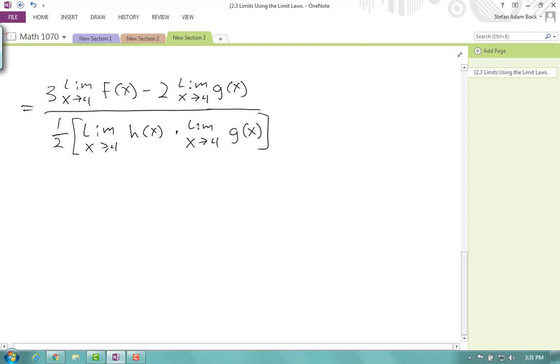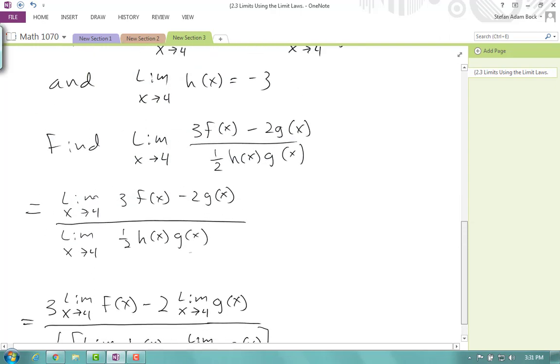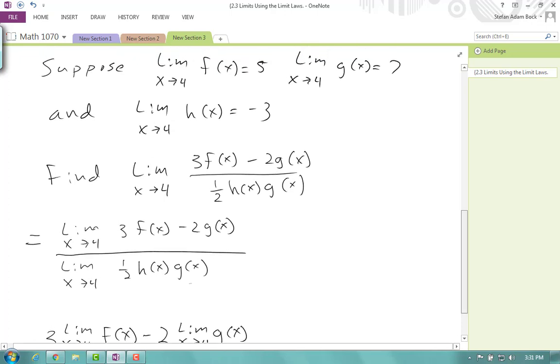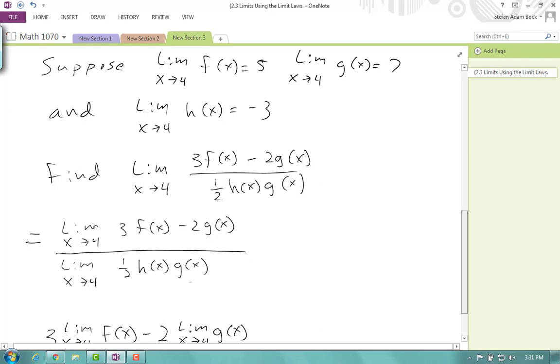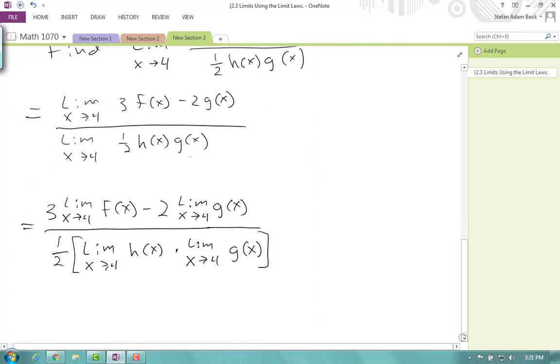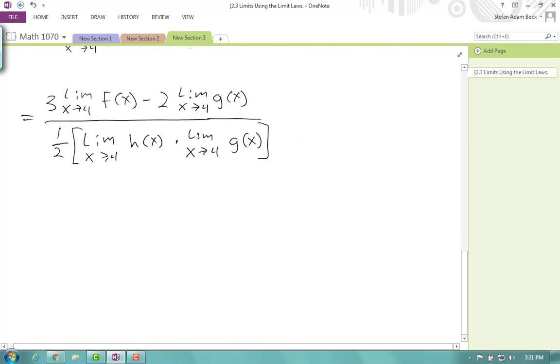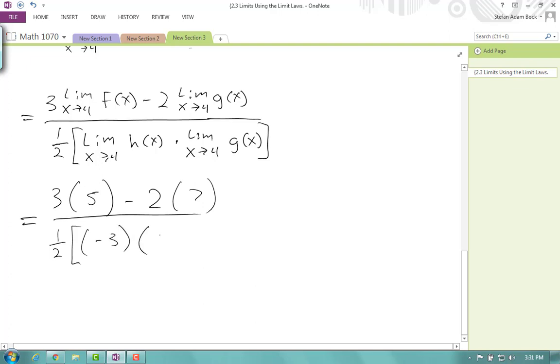Now what did I declare for f, g, and h? The limit of f is 5, the limit of g is 7, and the limit of h is -3. So this is equal to 3 times the limit as x goes to 4 of f of x, which is 5, minus 2 times 7, divided by 1/2 of -3 times 7.